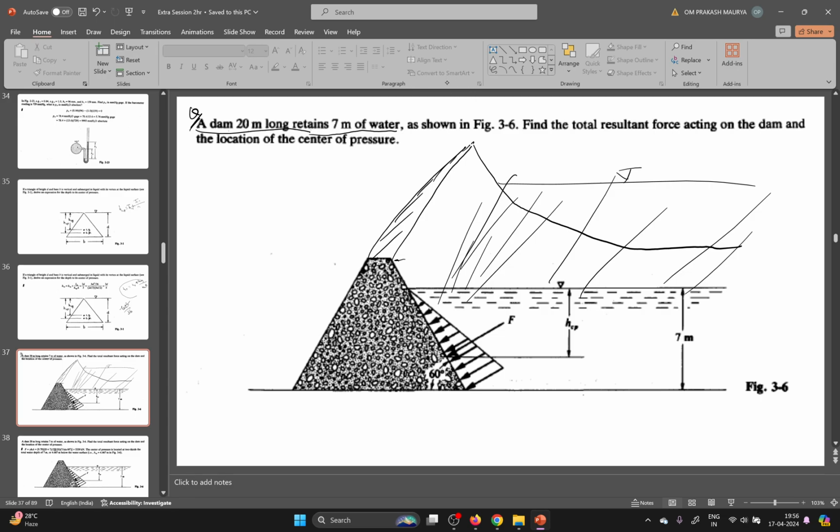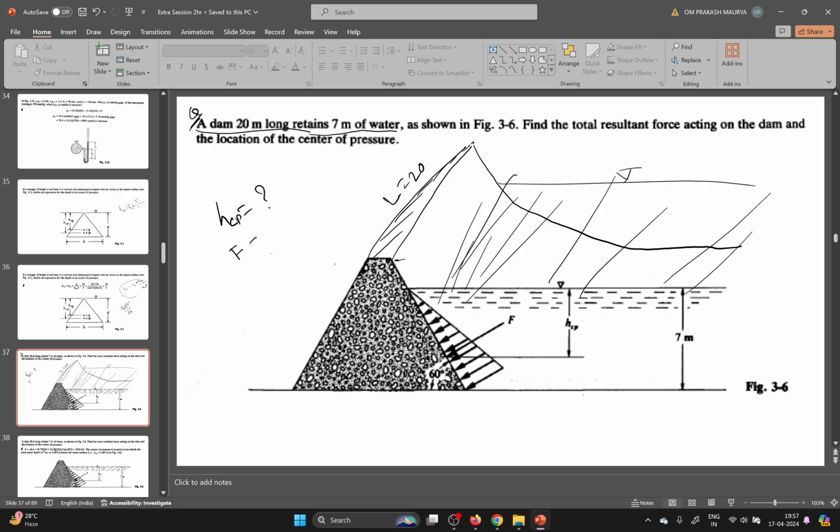So now the question is: the length is 20 meter and the depth is 7 meter, given already. Find the total resultant force acting on the dam, and the location of the center of pressure. HCP you need to calculate, and the total resultant force.